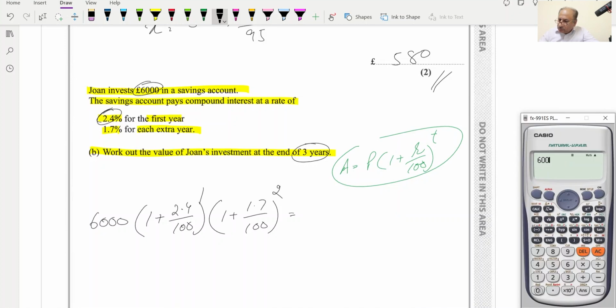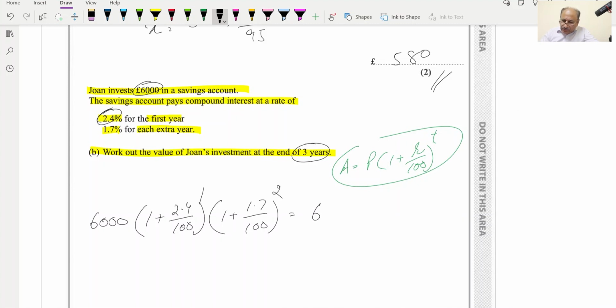So it will be 6,000, in brackets 1 plus 2.4 over 100, and again bracket, 1 plus 1.7 over 100, and this will be taken as square, and this will be equal to 6354.67.